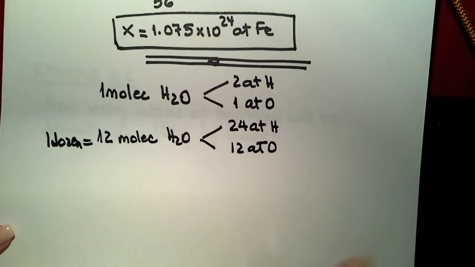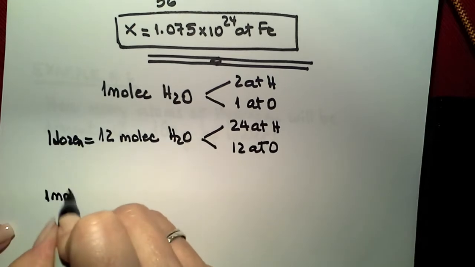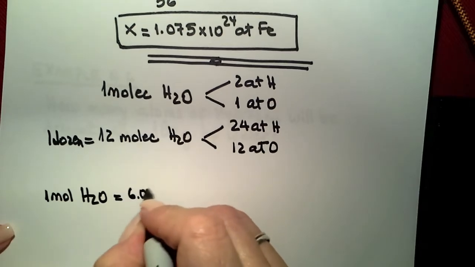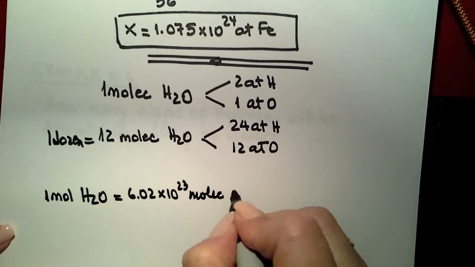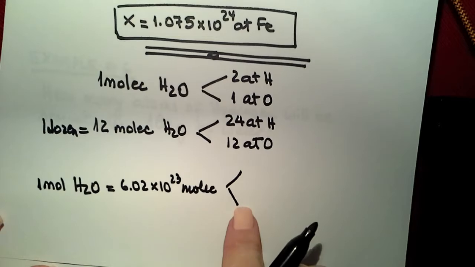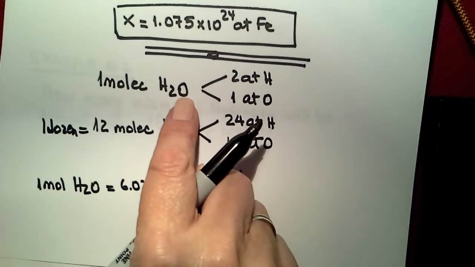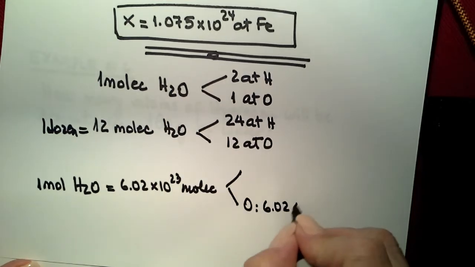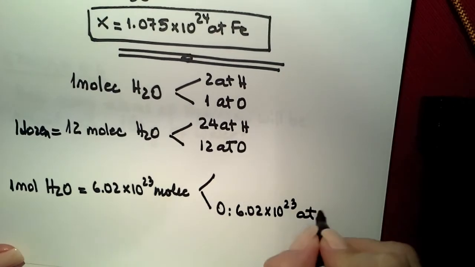The same relationship goes with a mole. If we have 1 mole of water molecules, we are going to have 6.02 times 10 to the 23rd molecules. If we calculate the hydrogen and the oxygen, the amount of oxygens is going to be the same thing, because for each molecule we have only 1 oxygen. So the amount of oxygen is going to be 6.02 times 10 to the 23rd atoms of oxygen.